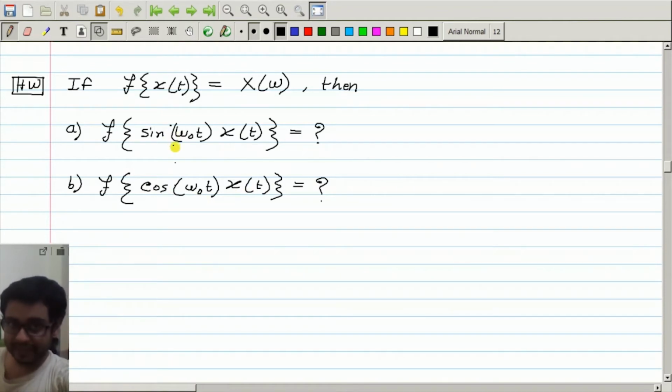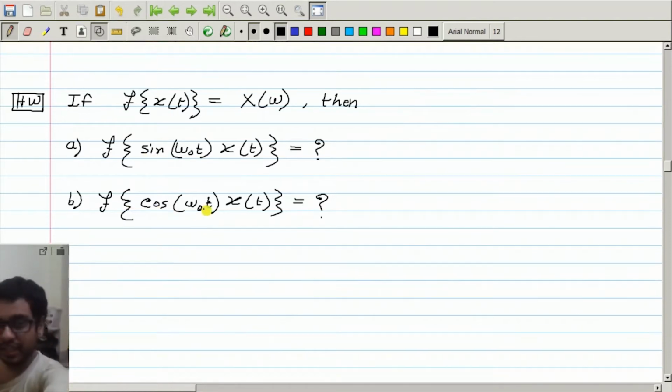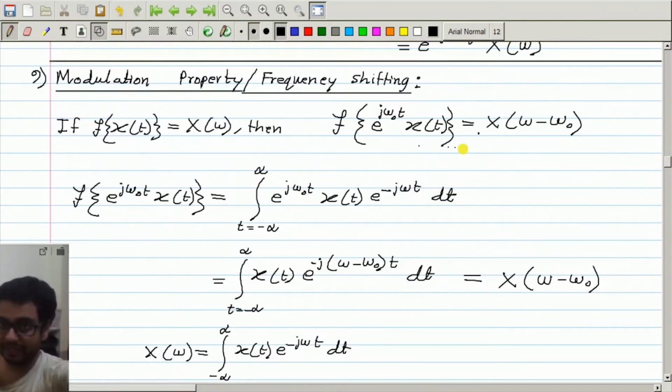To find this, you can write this sine or cosine as a sum of two exponential signals and then use this previous property, that is the modulation property. Do it now.